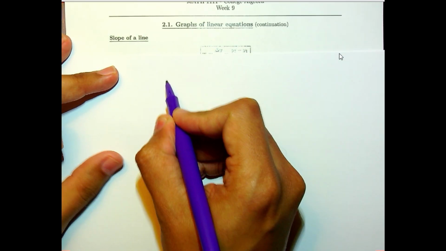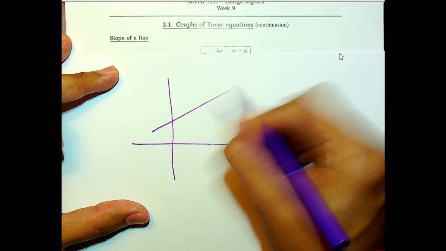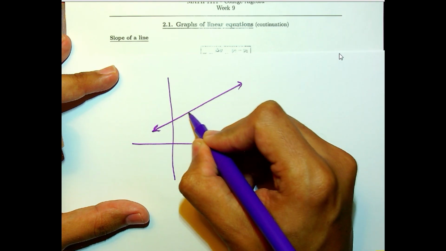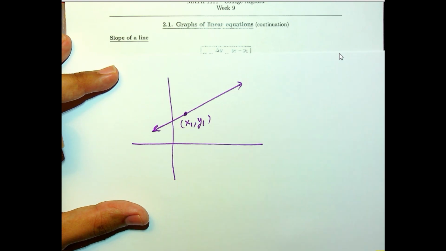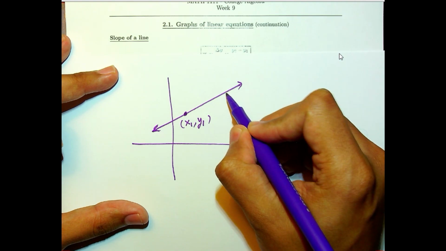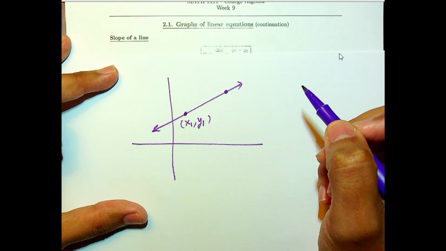Suppose that you have a line, let's say these are my axes, they're a little bit crooked, but okay. Suppose I have a line, and suppose I have a point on that line that I know. Let's say it is x1, y1, and then you want to figure out the formula that gives you the coordinates of an arbitrary point on the line.